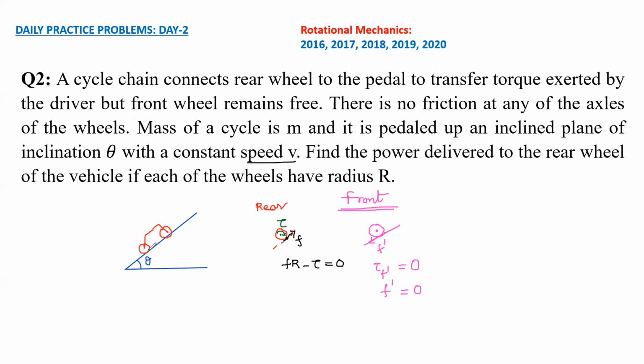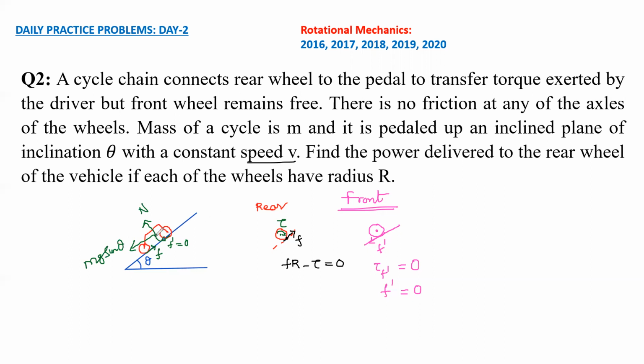And therefore if you go to the cycle, you have F, but F dash is 0. So the friction is acting only on the rear wheel, and you have mg sin theta, which is acting down the incline, and normal reaction normal to the incline, which acts on both the wheels. I have not drawn it in these diagrams.